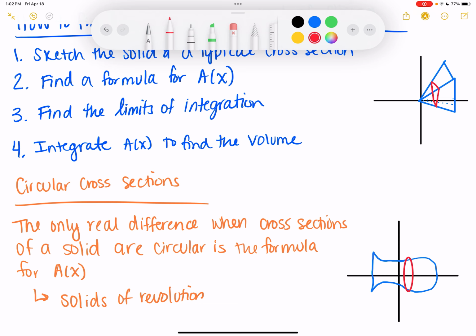I was about to say a rolling pin. Yeah, top of a bowling pin would be another. The pictures of these things in the book look much better, so if you want a better visual, look at the book, but I just try to give a little reference of what these things would look like.